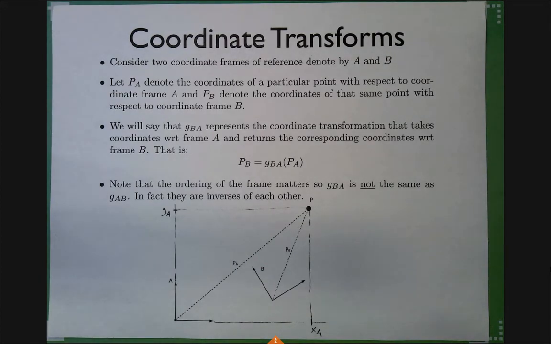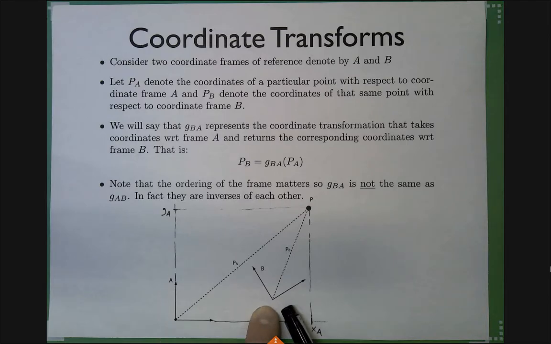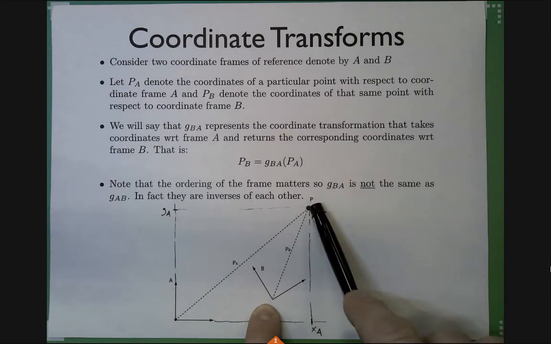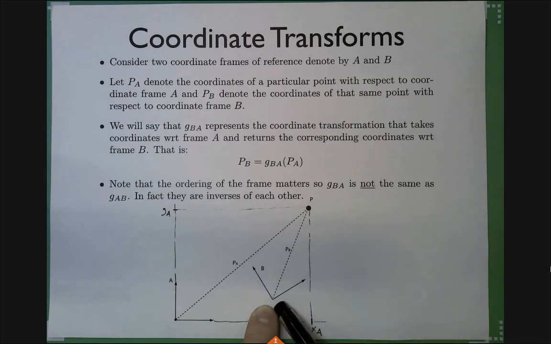And the motivation is what I was saying before: if you have a robot and you want to convert between coordinate frames associated with different links of the robot, that's what we need here. So imagine this would be the coordinate frame of the camera mounted on the head, and B would be the coordinate frame of some sort of manipulator mounted on the arm of the robot. I want to compute the coordinates of the same point with respect to this different coordinate frame.